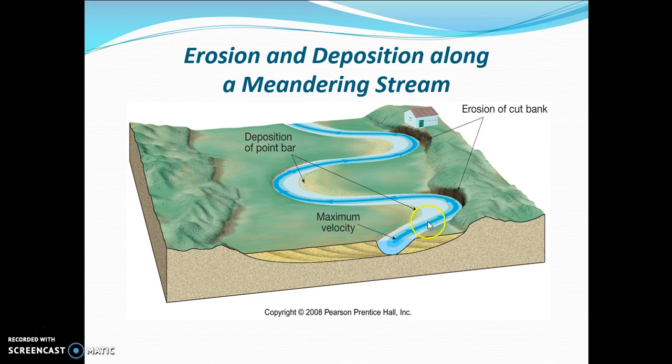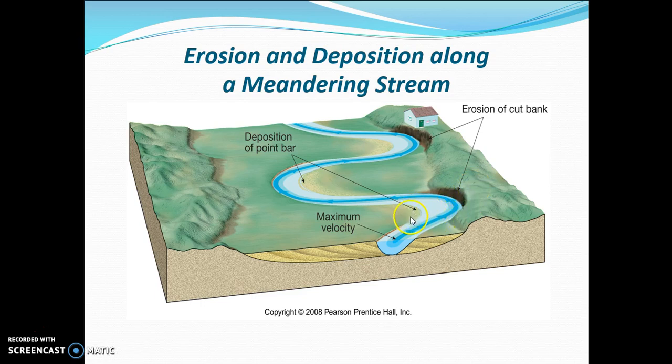Rivers that meander, at each turn, have what are called an outer bank and an inner bank. The outer bank is an area where the river flows faster, and because of that, it has more erosive power and it erodes the outer bank. So we call it the cut bank that is being eroded. So this bank of the river is being eroded and moving in that direction.